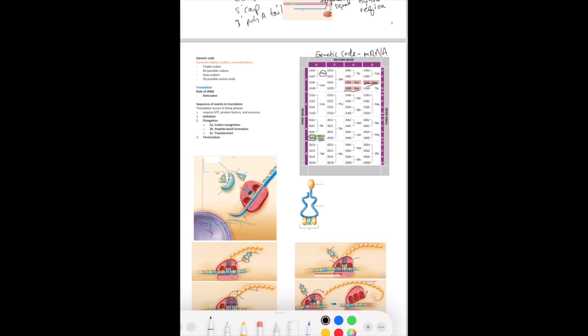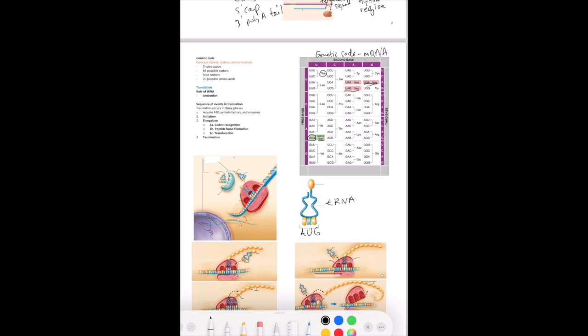One of the things that we talked about was a start codon. If we have a messenger RNA that has AUG, what would be the anticodon that's going to be represented here by this tRNA? The tRNA is what carries the amino acid with it in order to bind into our ribosome.